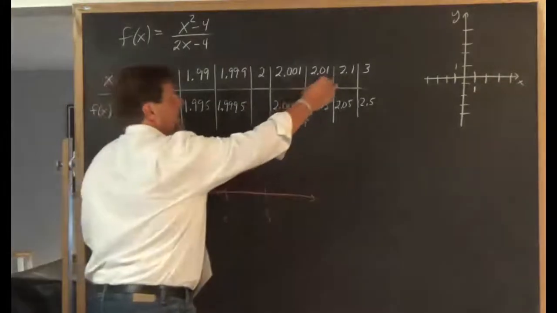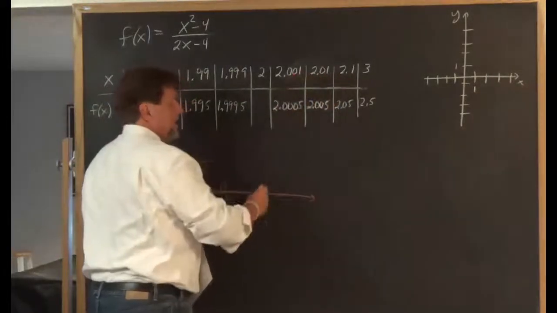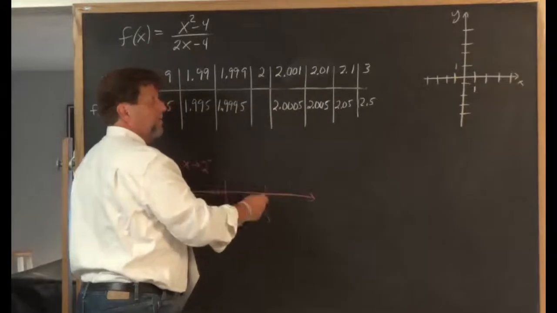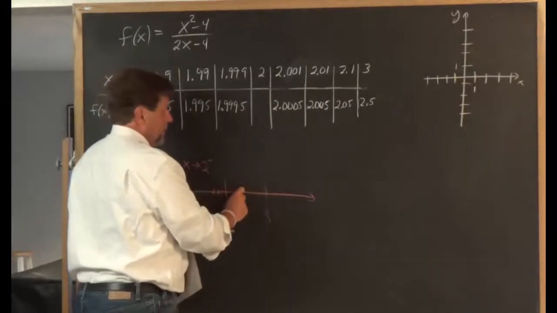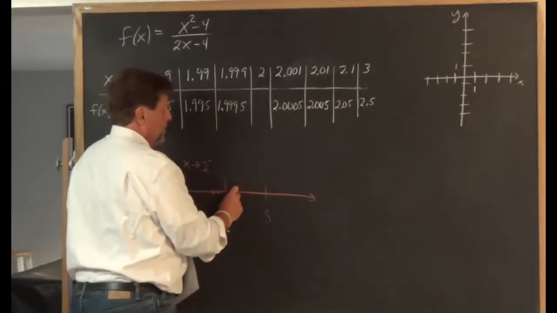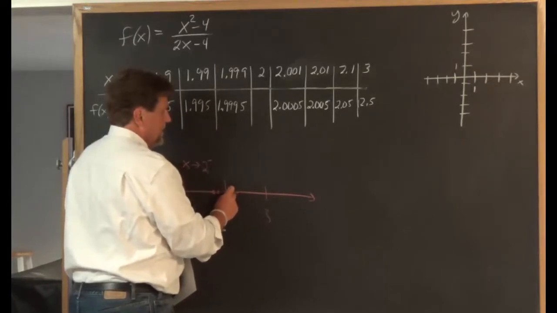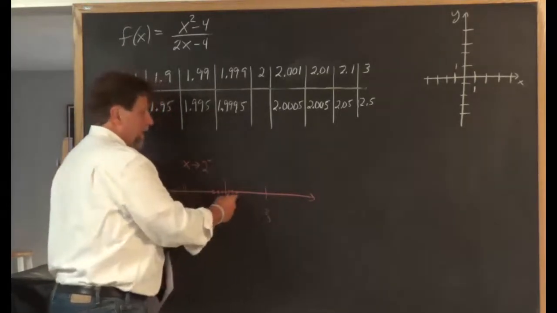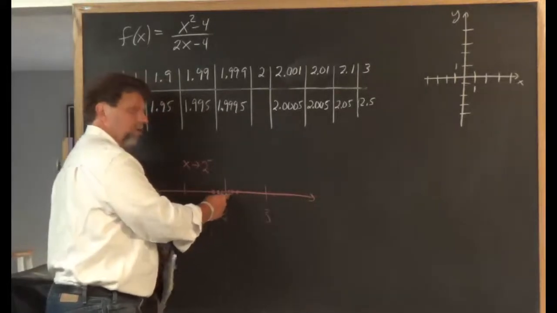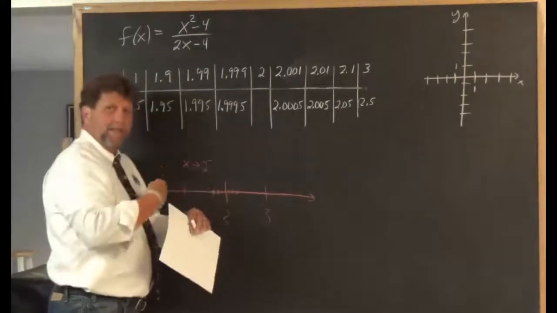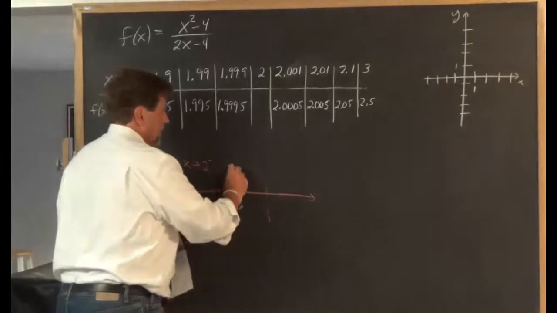Similarly, these values of x, notice they started to the right of 2: 3, 2.1, 2.01, 2.001. Those values of x are getting closer to 2, but they're coming from the right side of 2.